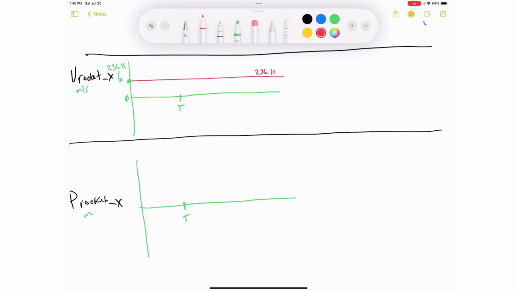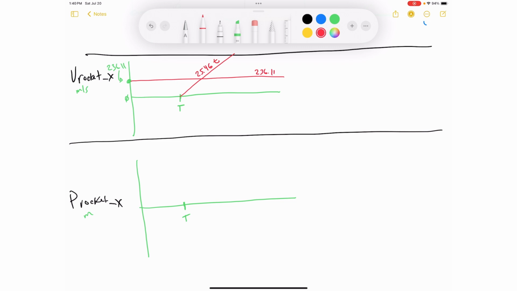What I would like to see is a line that looks like this, going 25.46 t, because at time t, that acceleration begins.